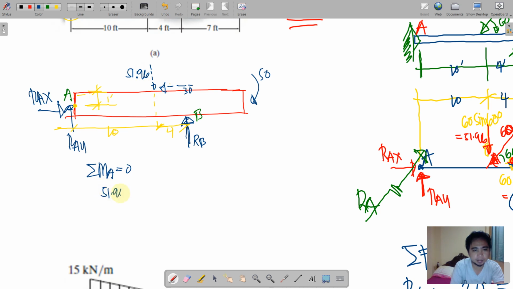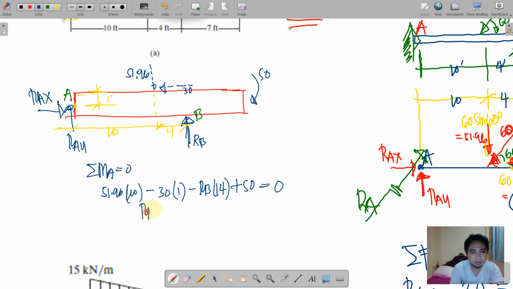That is a clockwise rotation. And then, ito, magkakaroon na tayo ng rotation niyan. And what is the rotation? Counterclockwise. 30 will have a counterclockwise effect. So, minus 30 times 1. And then, this is a counterclockwise RB. So, minus also. We have 14. RB times moment arm of 14. And then, plus 50 is equal to 0.